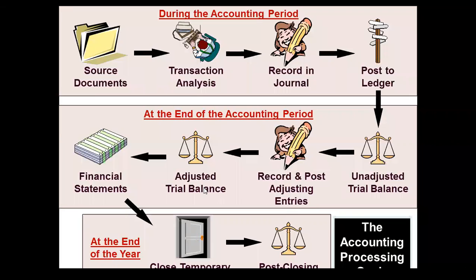An adjusted trial balance is a listing of all of the accounts and the balances after we make all of our adjusting entries. And again, the purpose of the adjusted trial balance is to make sure that our debits equal our credits. From the adjusted trial balance, we can then prepare financial statements.